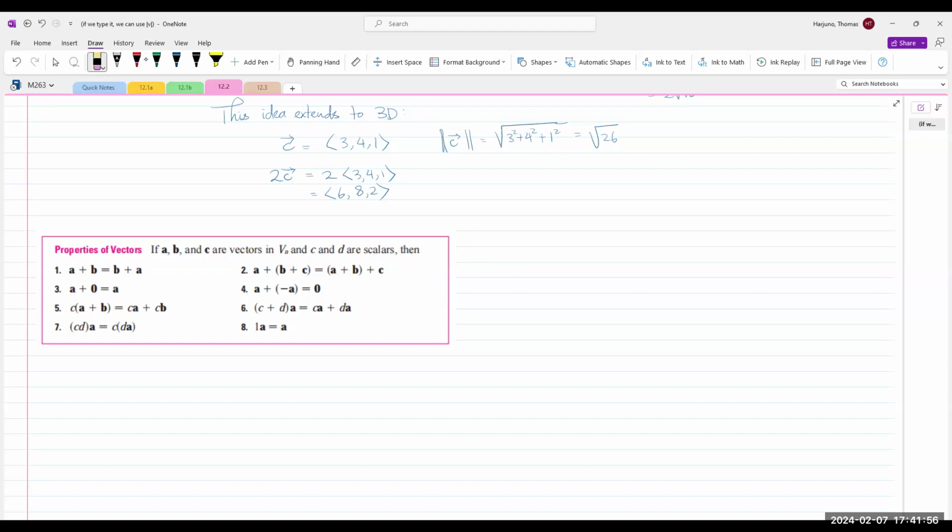Okay. Now, number 3, if you have a vector adding vector 0, this vector 0 here is basically (0, 0), or (0, 0, 0) in 3 dimensions. And you see vector 0 is the identity vector for addition, and the negative of a vector is the additive inverse of a vector.